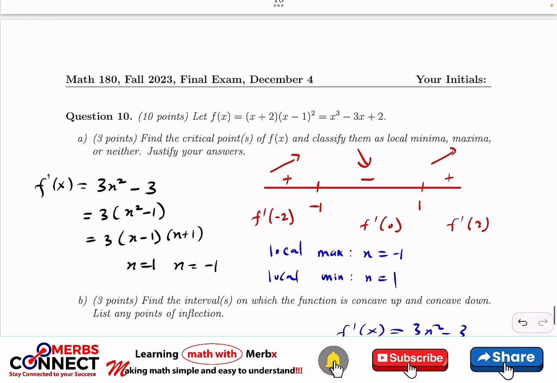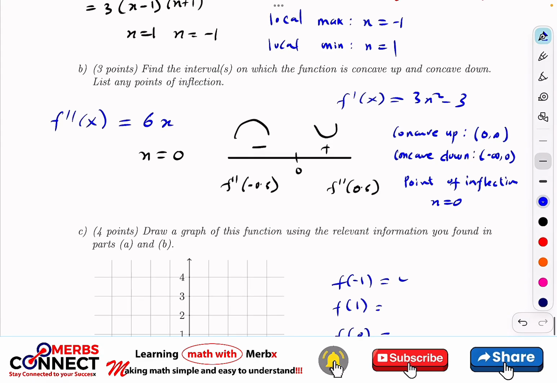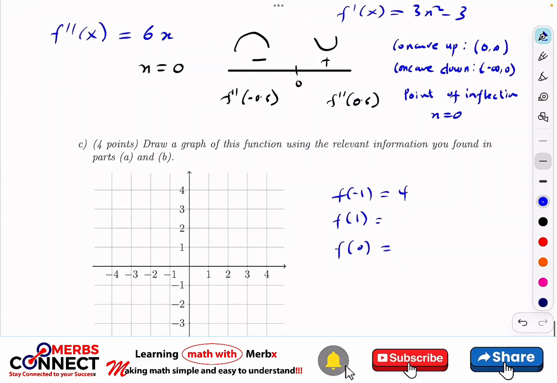Plug in minus 1 here. So minus 1 here is going to give us 1. Minus 1 here is going to give us minus 2. Is that right? Yes. Minus 2 squared is 4. 4 times this is going to give us 4. Plug in 1. 1 will make it 0. So at 1 we have 0.